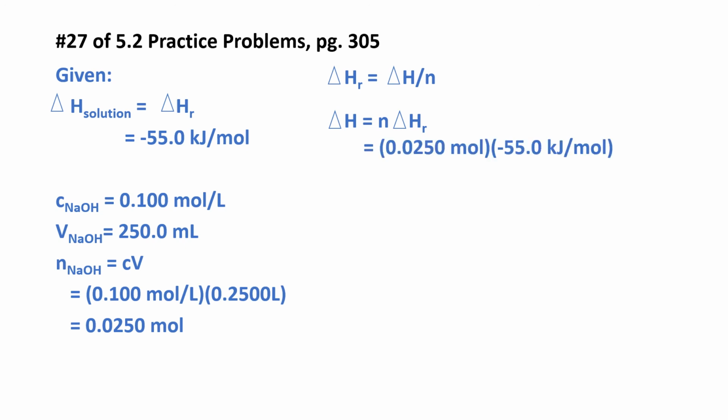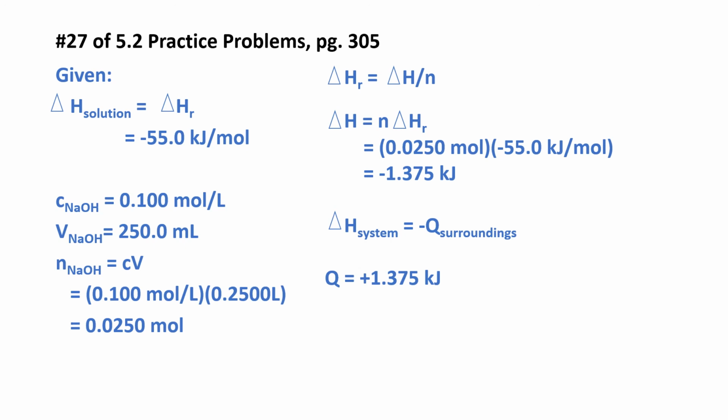So we put in our value of number of moles, we put in our molar enthalpy, and we get a value of negative 1.375 kilojoules. But we want now to calculate for Q, and we know it's the opposite sign. So all we have to do is change that sign, and Q is positive 1.375 kilojoules.